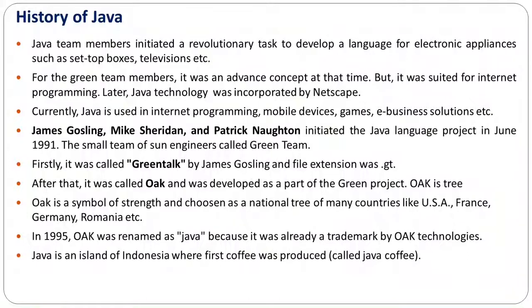So what is Java? What is the history of Java? Java was started by the team of James Gosling in June 1991. Initially it was focused just on electronic devices, or electronic gadgets, but later on it became popular in the programming fraternity, and day by day it reached the peak level.